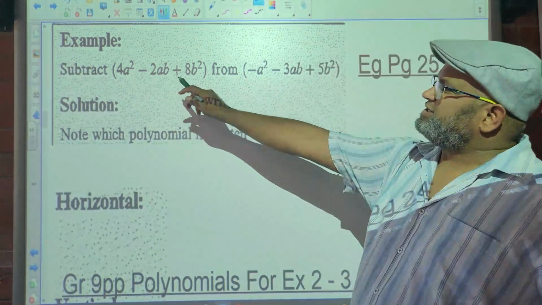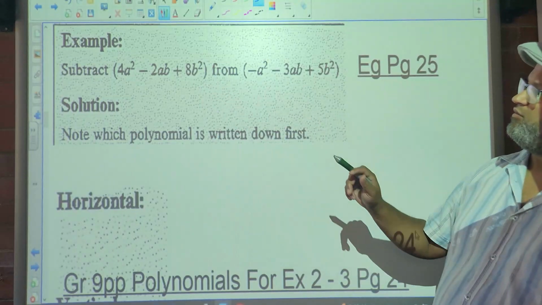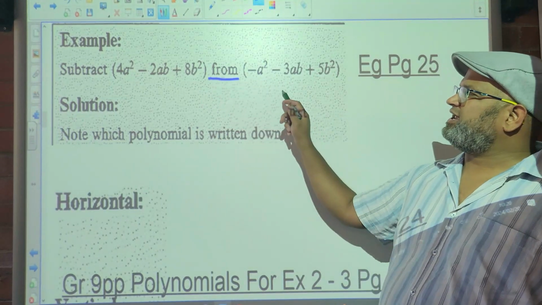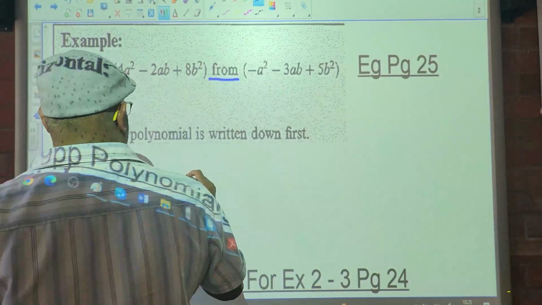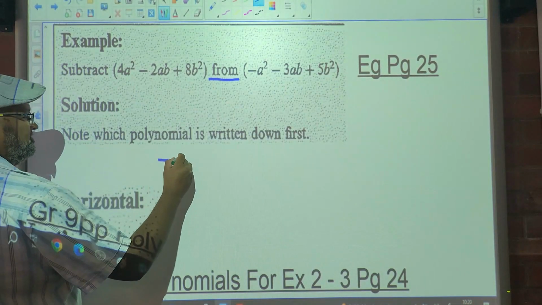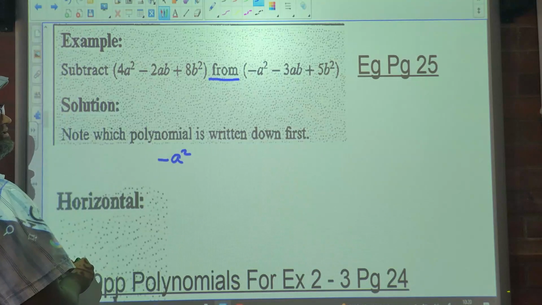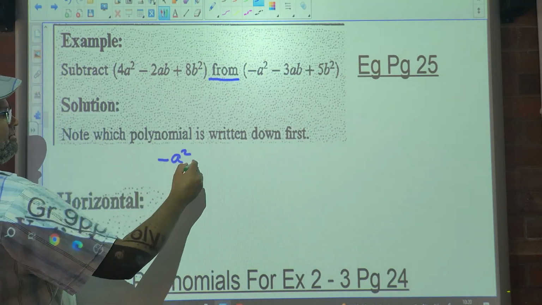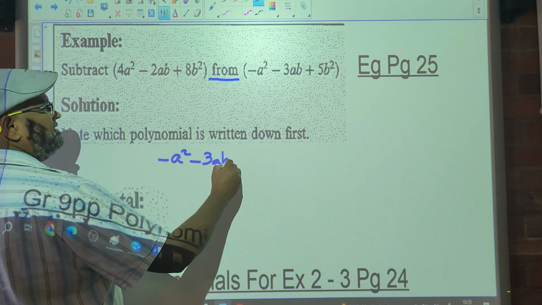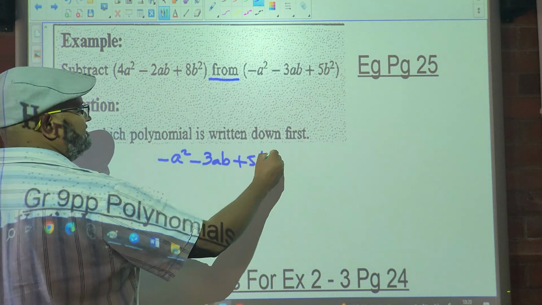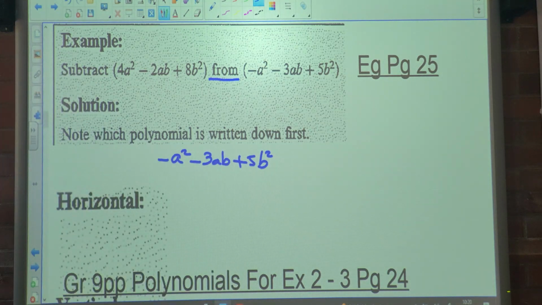So what do we write first? Whatever follows from, we write first. So what do we write here? Negative a squared minus 3ab plus 5b squared. Not so?